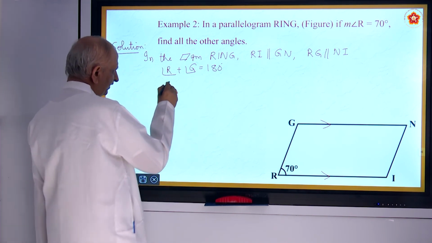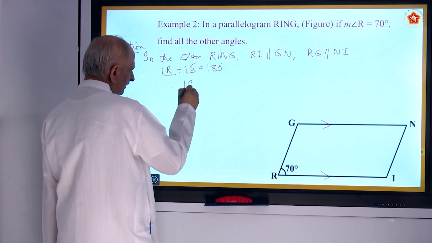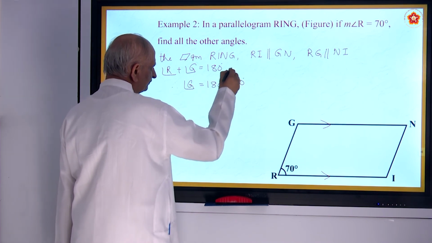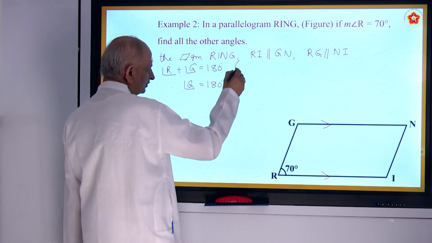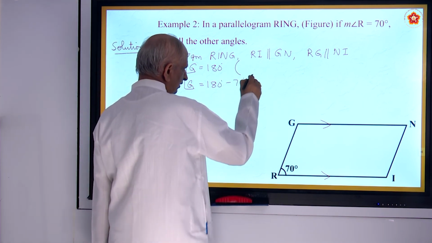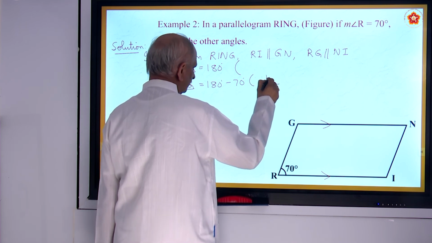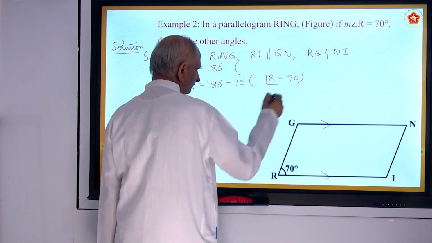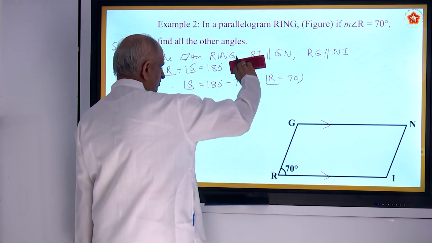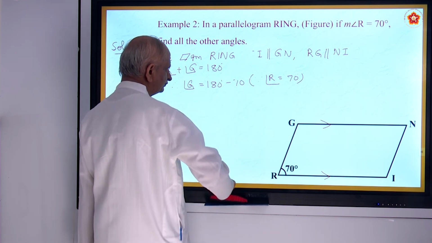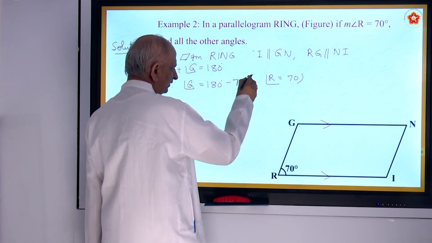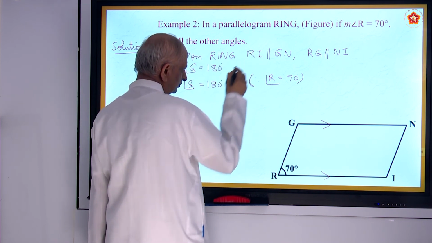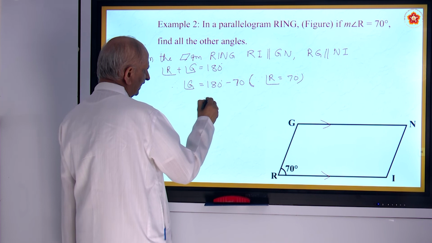If R is 70, G becomes 180 minus 70, because the angle R is equal to 70 degrees. So 180 minus 70 will be equal to 110.